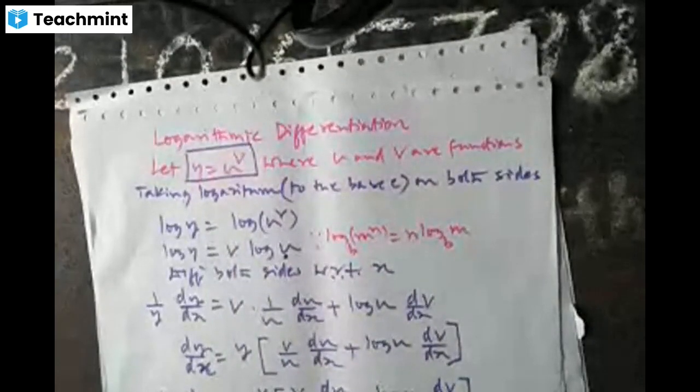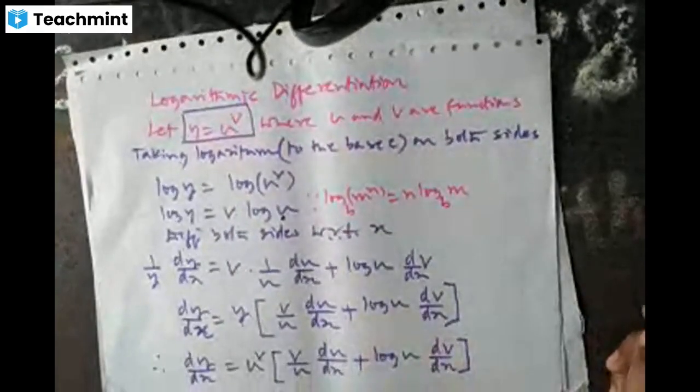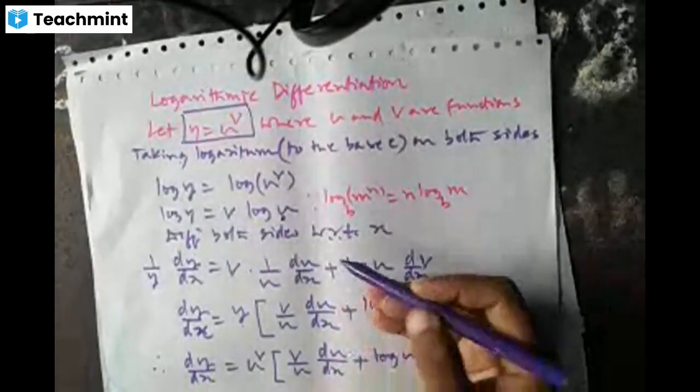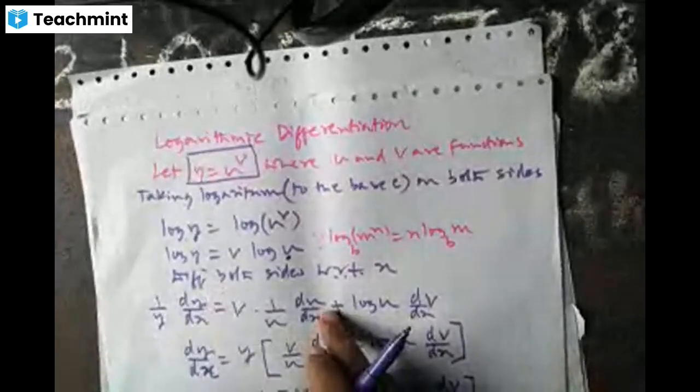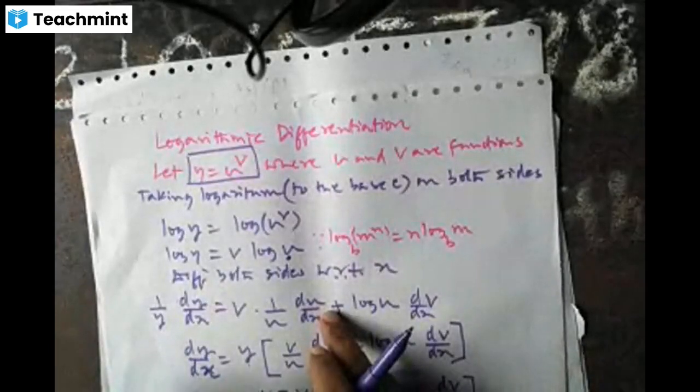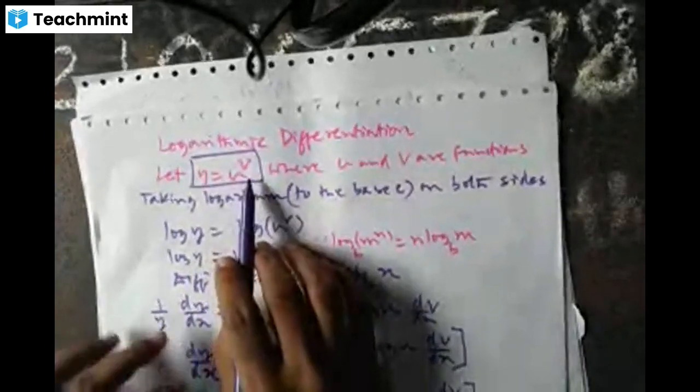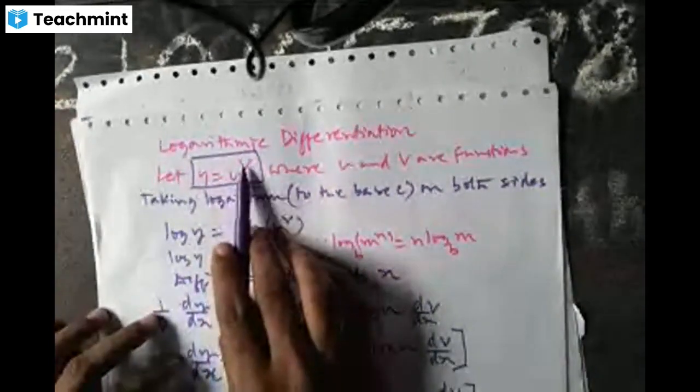This process of differentiation is called logarithmic differentiation. You don't remember this as a formula, you just remember the procedure. You have to use logarithmic differentiation whenever the given function is of the form u per v.